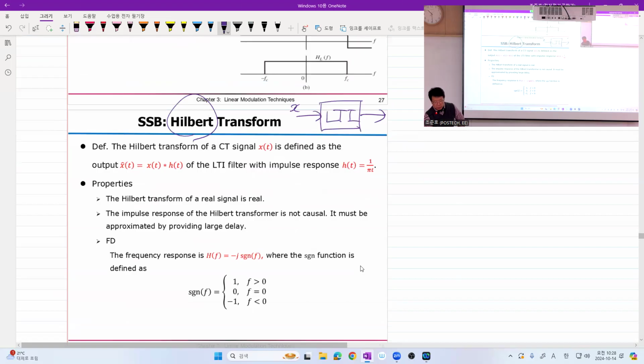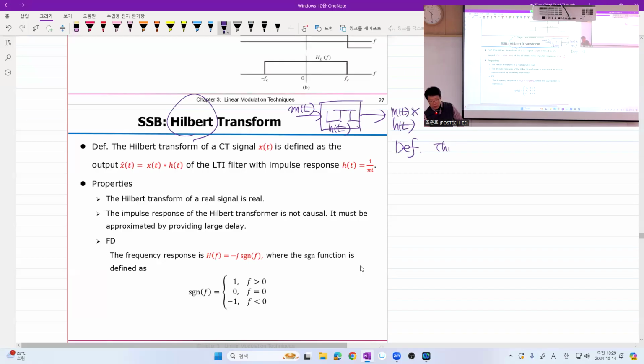So let me use m. Suppose you have a signal m(t) and an LTI filter, a linear time invariant system, having impulse response h(t). Then what is the output? m(t) convolved with h(t). Here goes the definition.